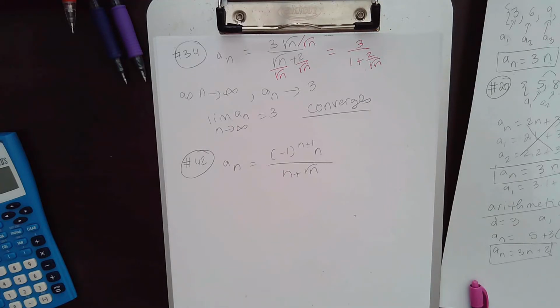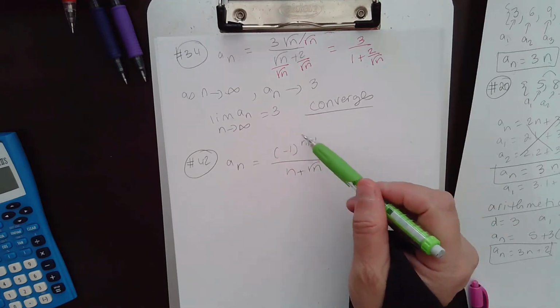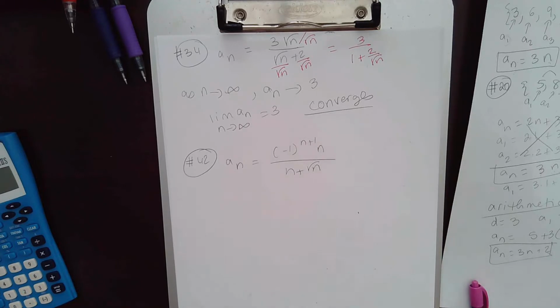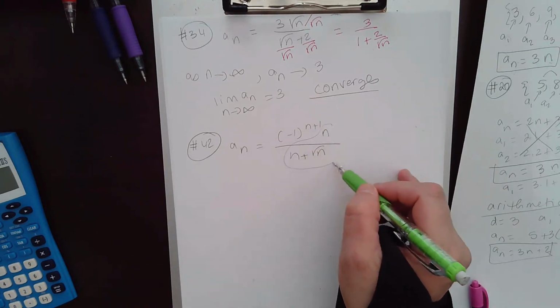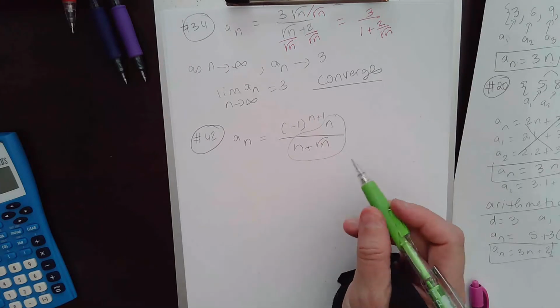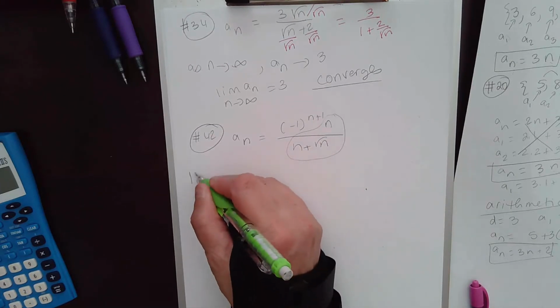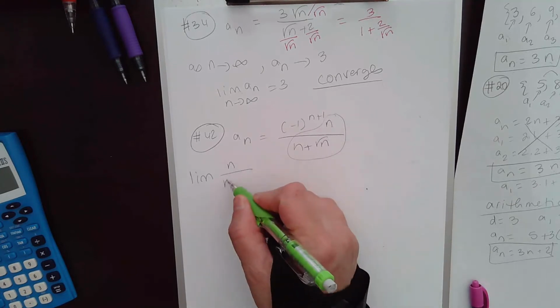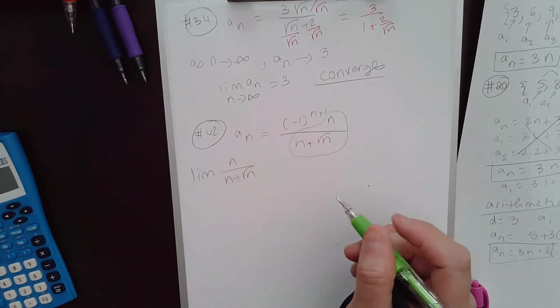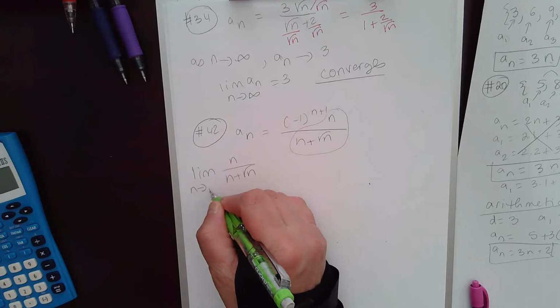So here we have a situation with a negative 1 raised to the n plus 1. If we ignore this for a second, if we just take the limit of just n over n plus square root of n and see what happens here as n approaches infinity.